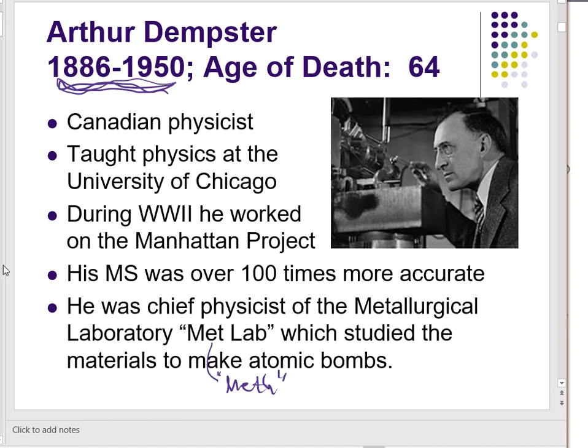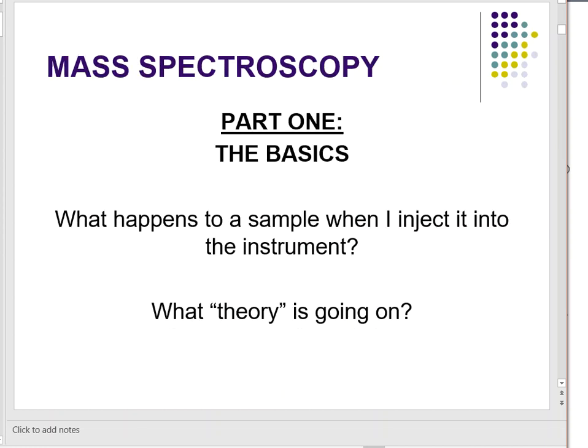This instrument has gotten better and better and better. And quite honestly, it wasn't until recently, and when I say recently, I'm talking about like the 80s and 90s, that people felt comfortable using mass spectrometers in their own laboratories just because they thought it was a fringe instrument. No one really had full training on it.